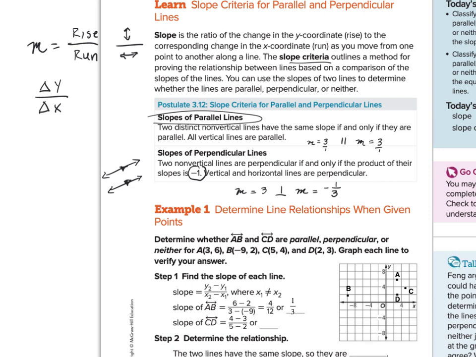What they're talking about here is that the product of the slopes will be -1. So when I multiply 3 times -1/3, that is going to be equal to -1. If the product of the two slopes is -1, then you have perpendicular slopes. So you either have the same slope, you have perpendicular slopes, or you have neither, which is anything else.